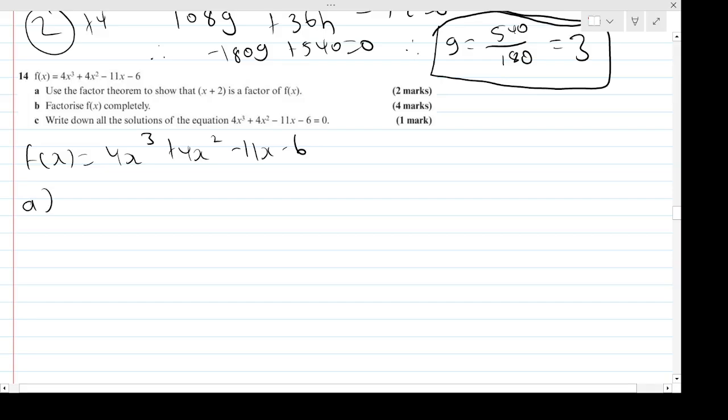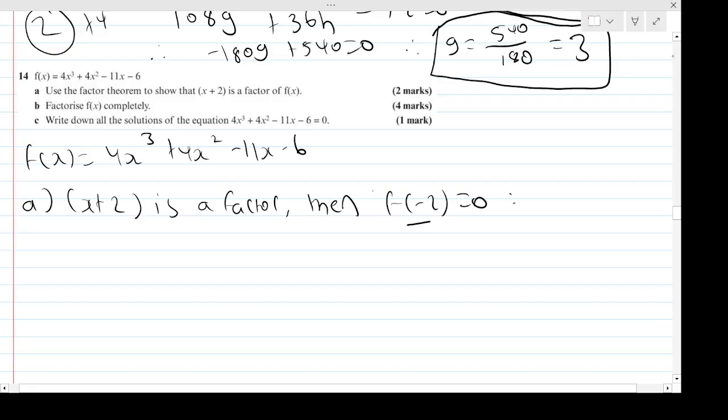Where again, if x plus 2 is a factor, then the root would be minus 2. So f of minus 2 would equal 0 as a result. Okay. Right, so then I need to plug in minus 2 into the function. So 4 lots of minus 2 cubed plus 4 lots of minus 2 squared minus 11 lots of minus 2 minus 6.